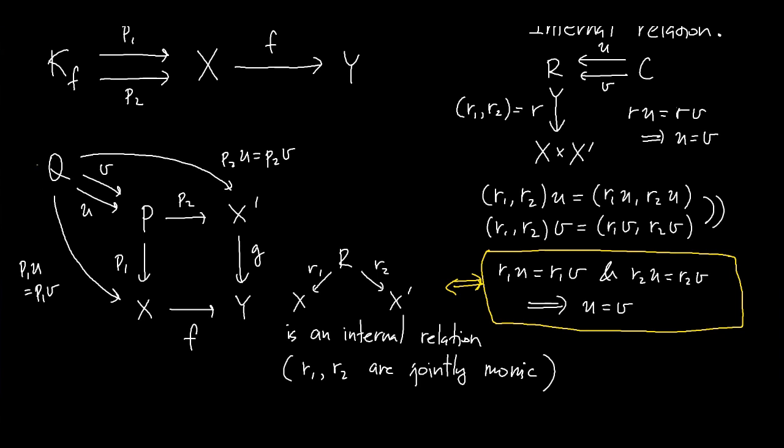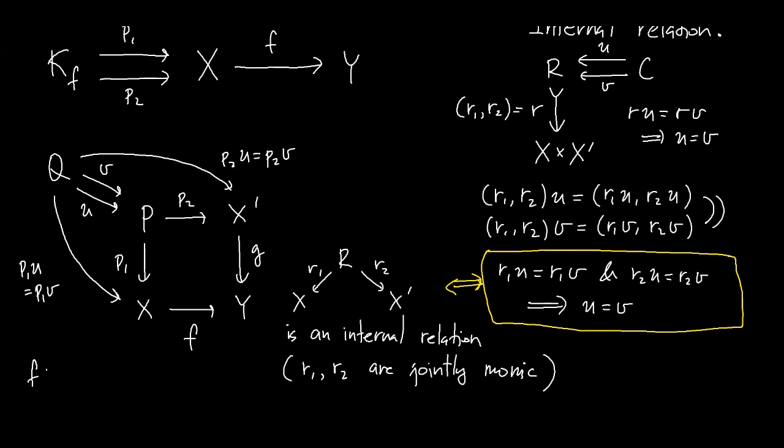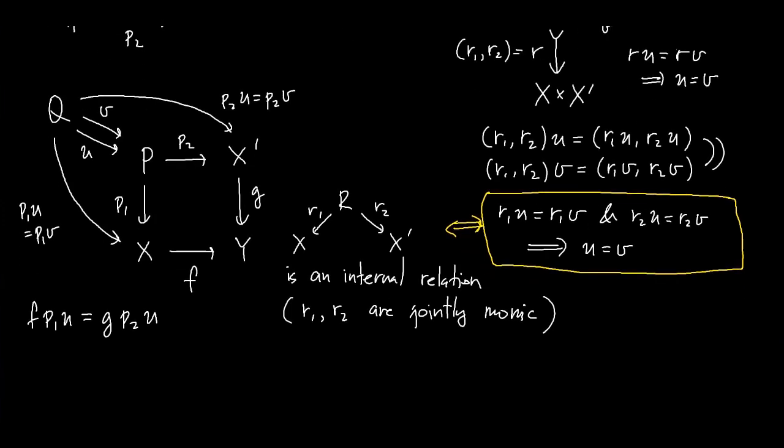We just need to check that this outer diagram commutes in order to apply the universal property. So is it so that FP1U, let's say, will equal GP2U? And well, indeed it is so, because already FP1 equals GP2. Does that make sense, Alexander?